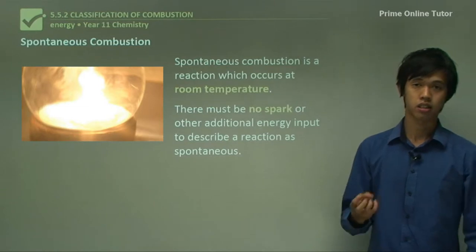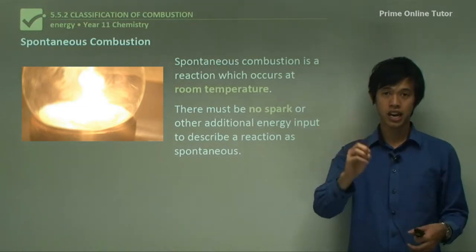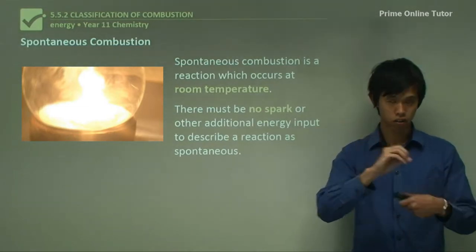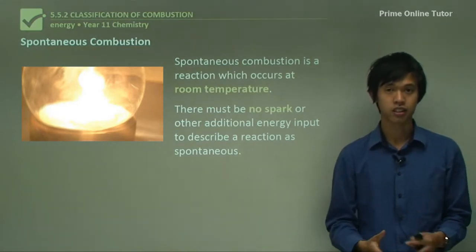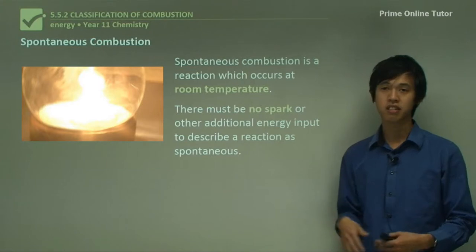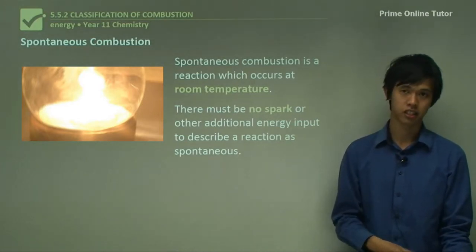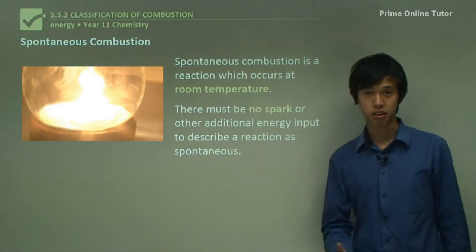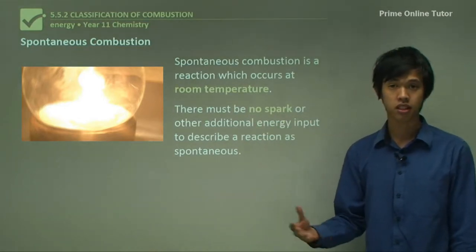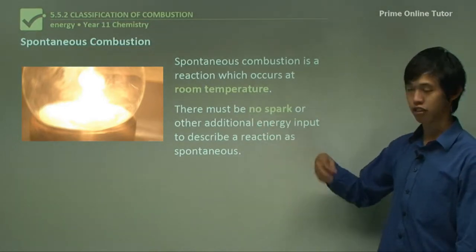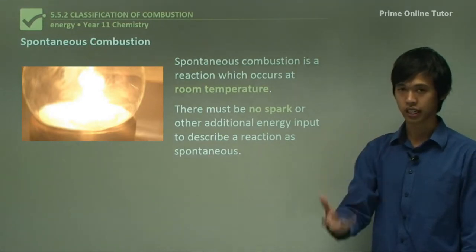You put the fuel in air at normal temperature, and without any additional input, it will just catch on fire. So that's the difference between, say, petrol combustion and spontaneous combustion. There's no spark or ignition source in spontaneous combustion. It's just fuel in air, and all of a sudden it catches on fire.